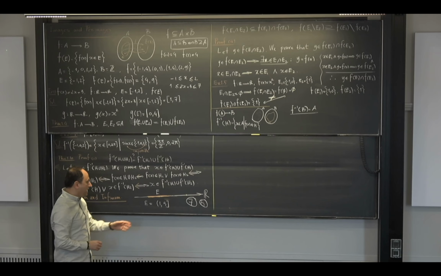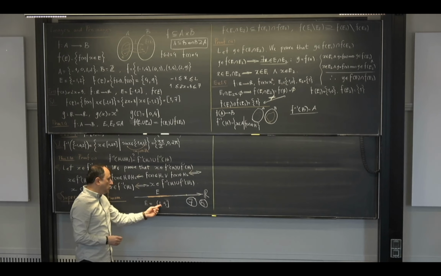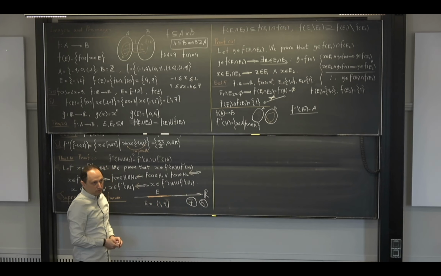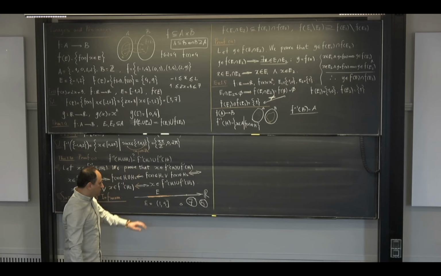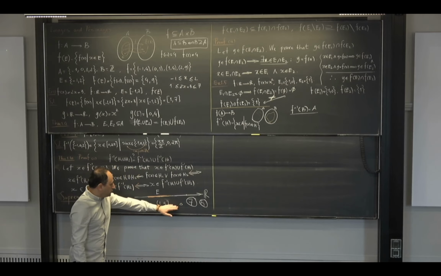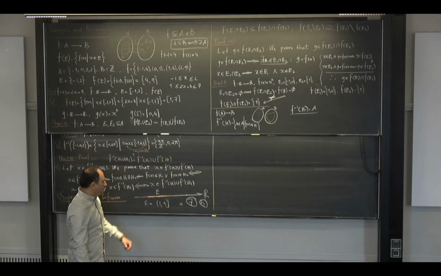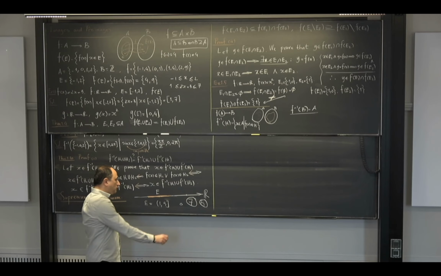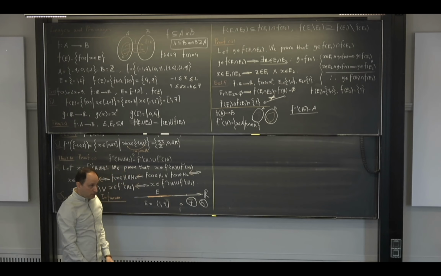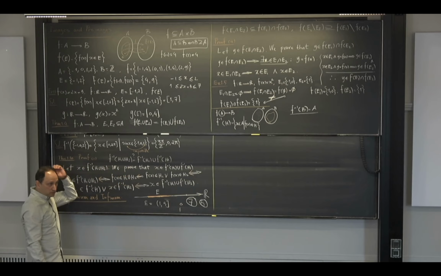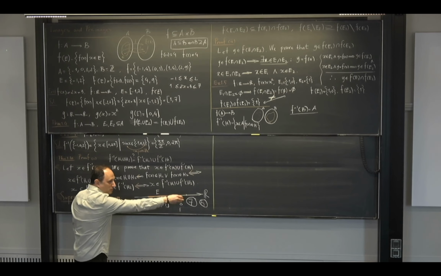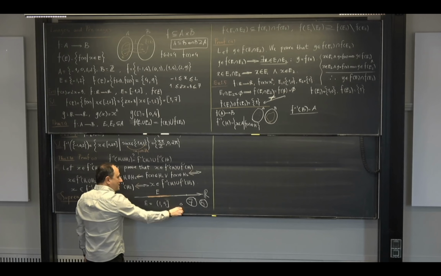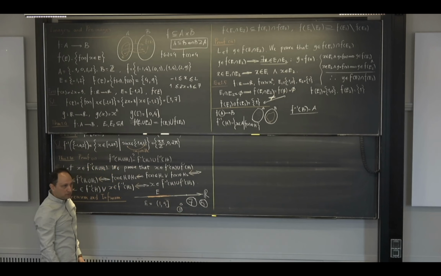Okay, but let me ask you, can you give me any lower bound of my set? 0, for example. 0 is a lower bound because 0 is less than or equal to every element in E. But what do you think about 1? Is 1 also a lower bound? Yes, because any element in this set is a little bit larger than 1. So 1 is still a lower bound.